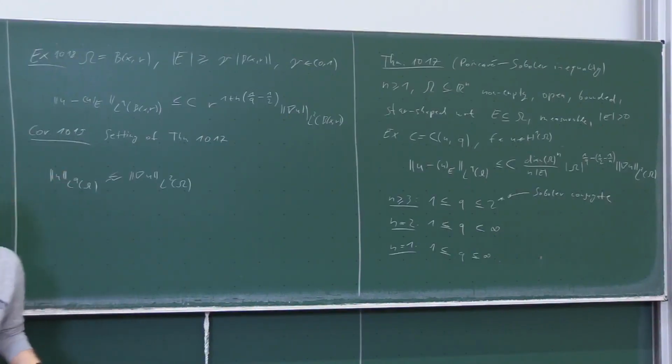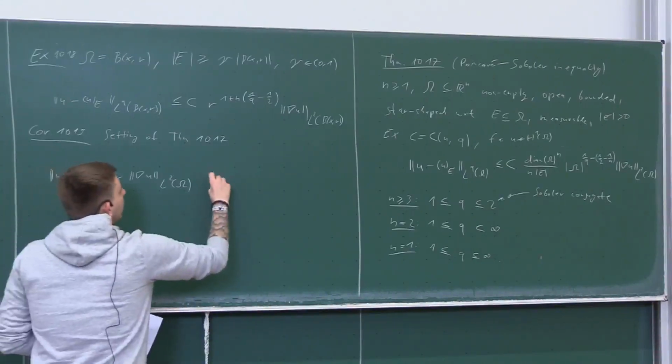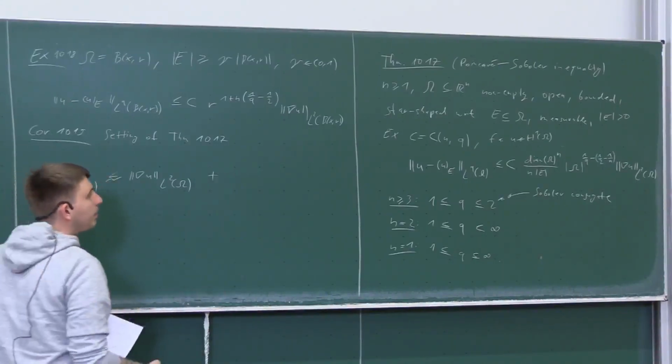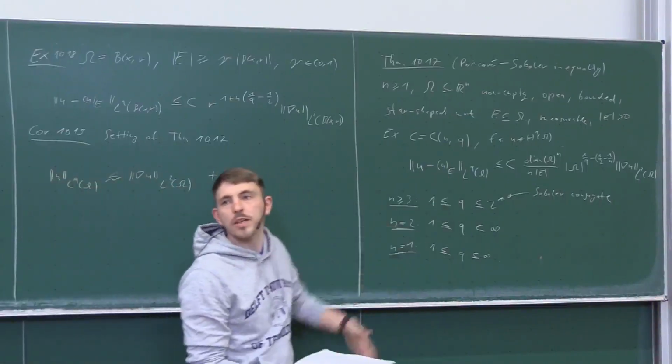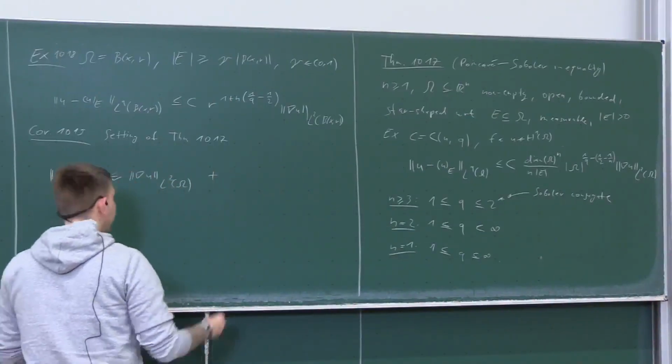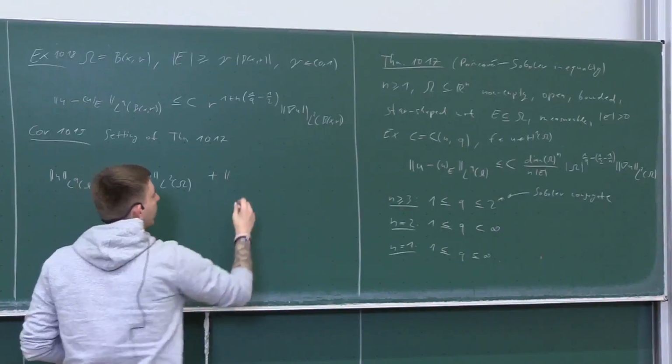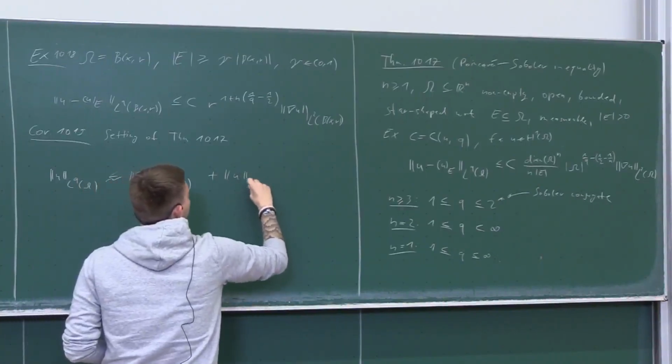Yeah, and because we don't derive the same inequality as last time, there's probably something missing. And indeed there's something missing, namely some error term that comes from this averaging operation, and this gives an additional L1 norm of u over e.